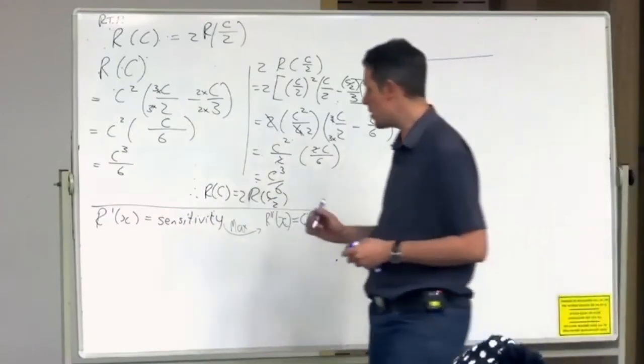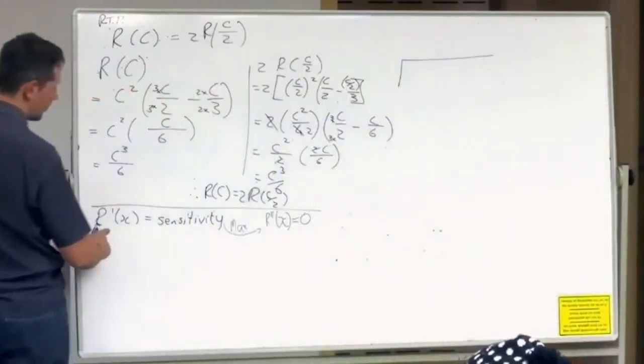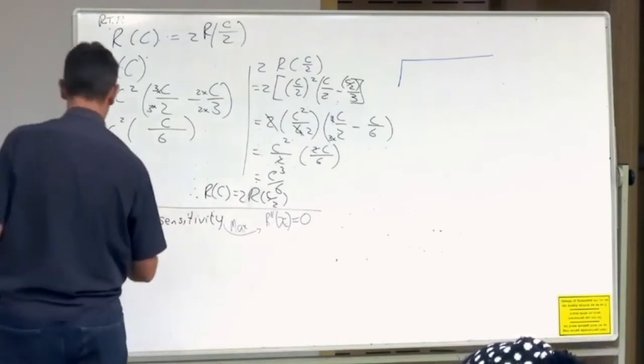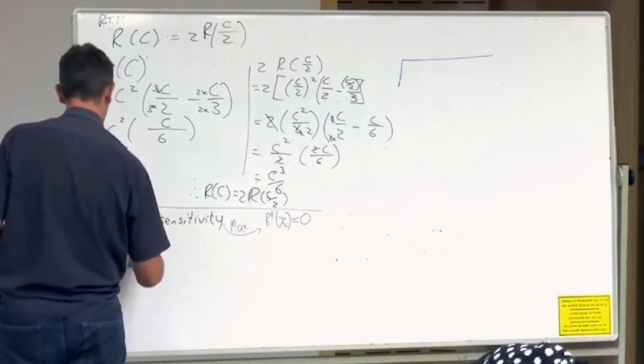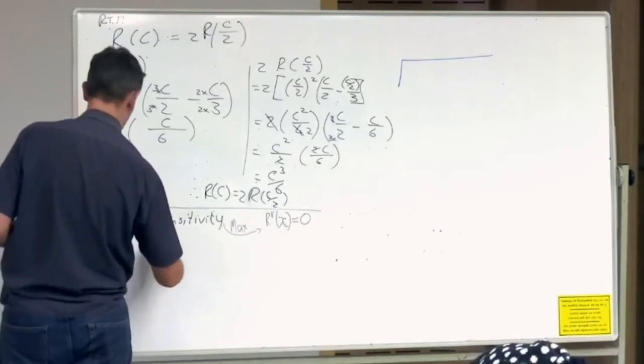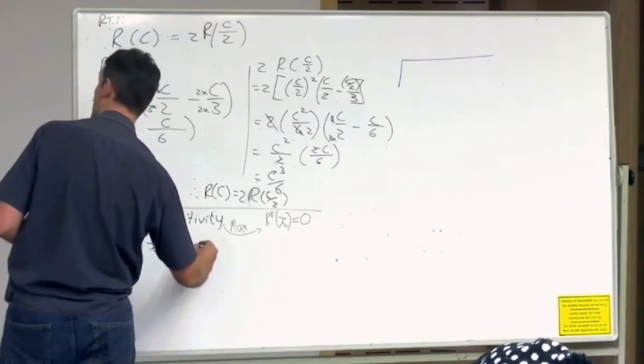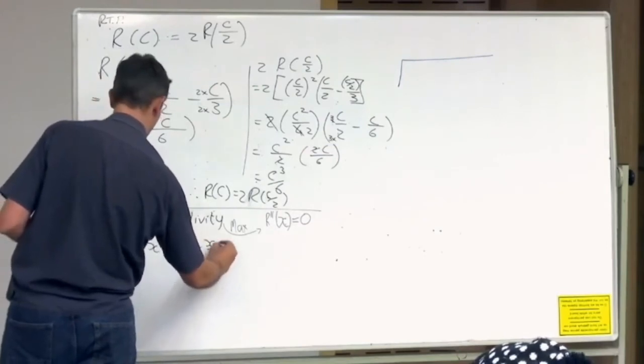So let's quickly work through this. But there I now have all of the mountains standing in my way. I first of all need R accent of x. But to get R accent of x, I've got to first go to R of x, and I've got to simplify. C over 2 minus x over 3.